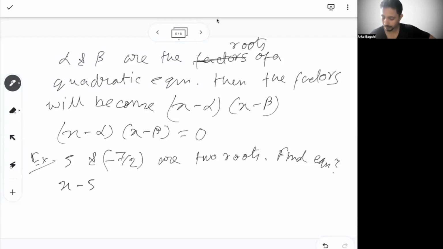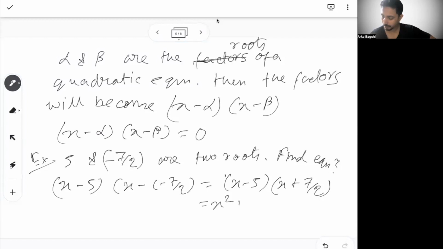My factors will be x minus 5 into x plus 7 by 2. If I expand, x square plus 7x by 2 minus 5x minus 35 by 2, right? So you can simplify this and get the equation.